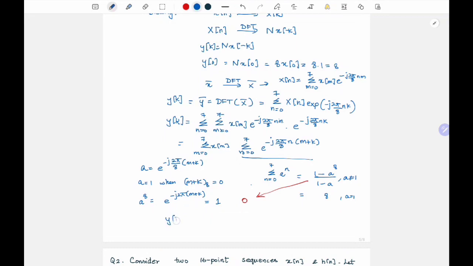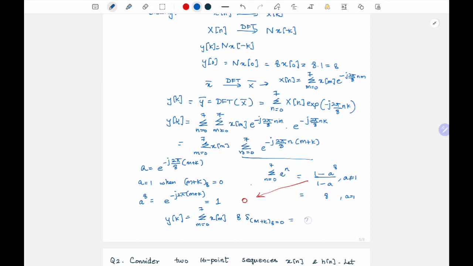So my y of k is nothing but summation m equal to 0 to 7 x of m, and I'll put a delta function, and that will have value 8. 8 into delta of m plus k mod 8 is equal to 0. So when is this possible? When m is equal to minus k, we can take mod 8.